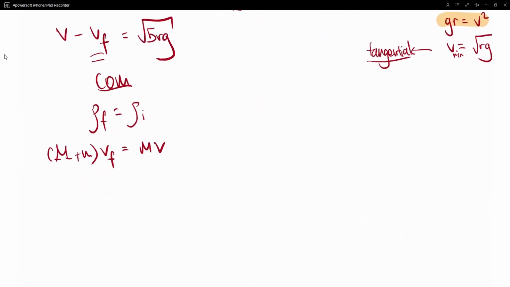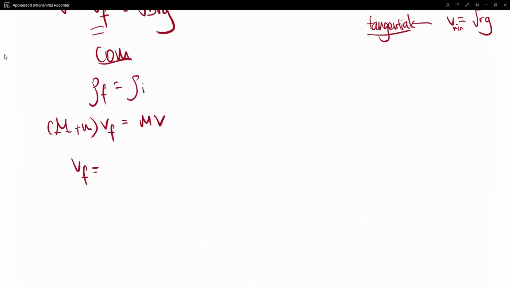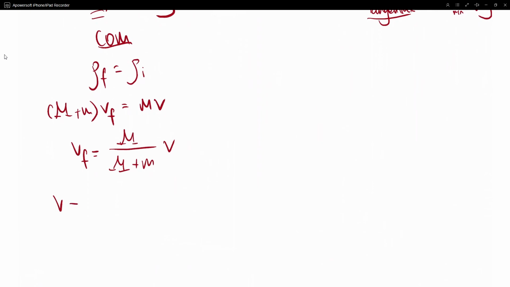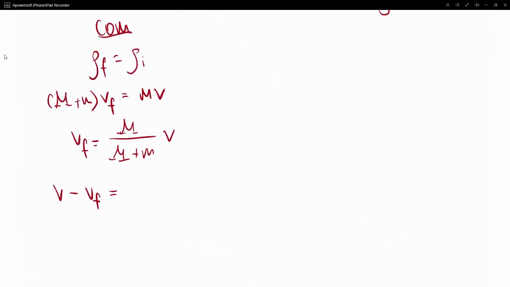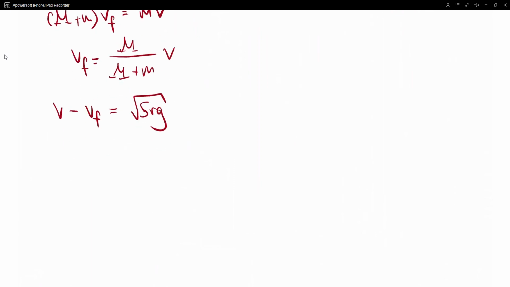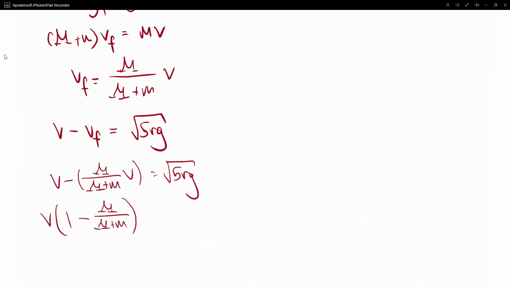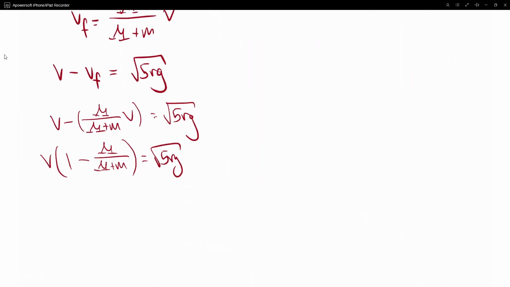You can find that vf is simply M over (M plus M) times v. So vf is going to be lesser. We have v minus vf is root 5rg. So we can just sub it in: v times (1 minus M over (M plus M)) equals root 5rg.